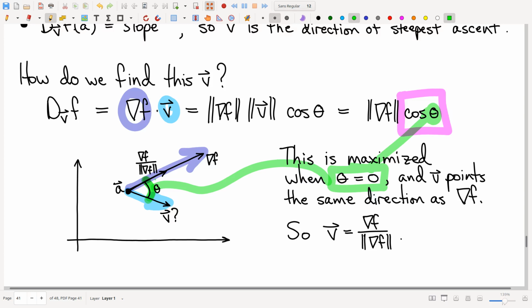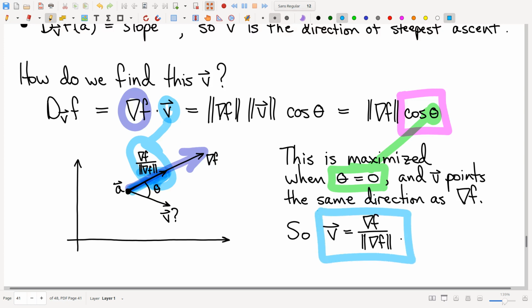And better represented then by this picture where my vector v is like that. And again, the angle between these two vectors then is 0. Does that make sense to everybody?